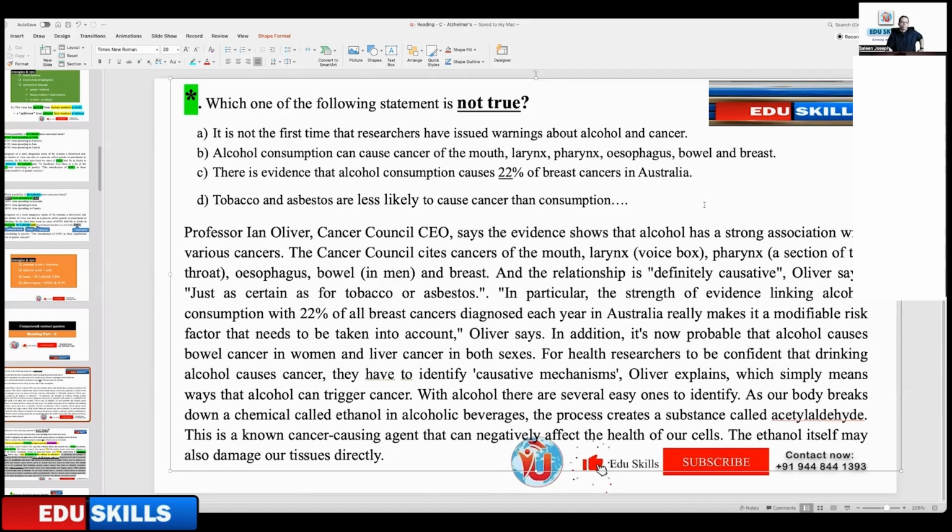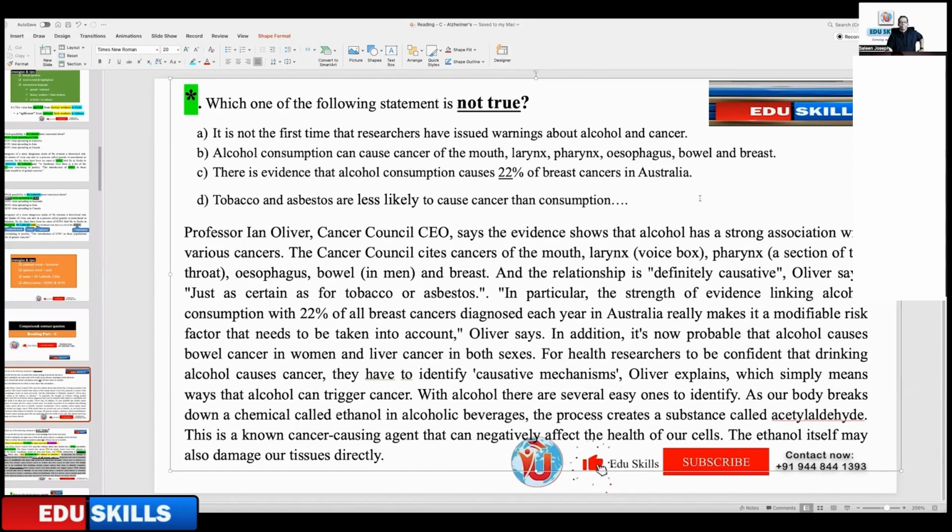The Cancer Council cites cancers of the mouth, larynx, voice box, pharynx, a section of the throat, esophagus, bowel in men and breast, and the relationship is definitely causative, Oliver says, just as certain as for tobacco or asbestos. In particular, the strength of evidence linking alcohol consumption with 22% of all breast cancers diagnosed each year in Australia really makes it a modifiable risk factor that needs to be taken into account, Oliver says.